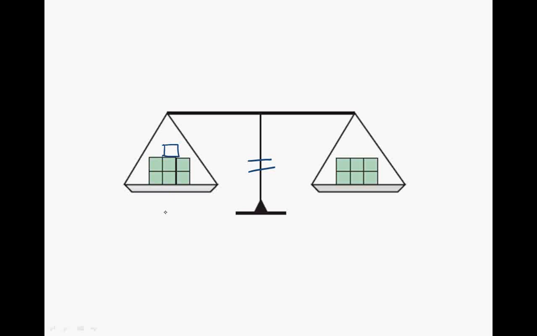So if I add one block to the left, I have to add one block to the right to keep the equation balanced. That general principle is what allows us to solve equations. So keep that in mind: what you do to one side, you have to do to the other.